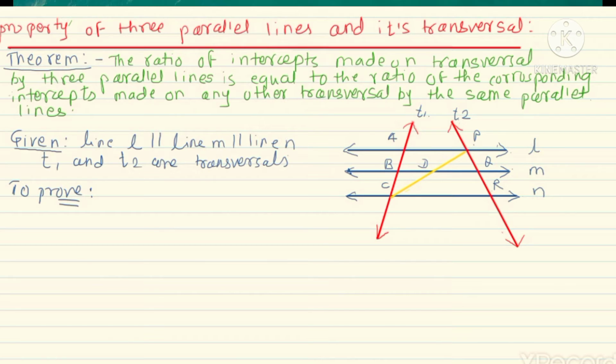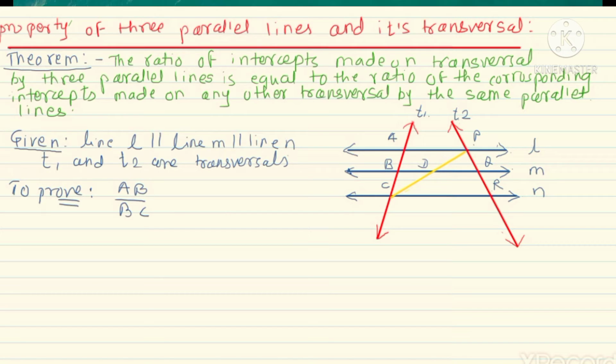That means here segment AB is an intercept and segment BC is an intercept. Segment AB and segment BC are intercepts made by transversal T1. So first of all I am taking the ratio of these two. So AB upon BC.